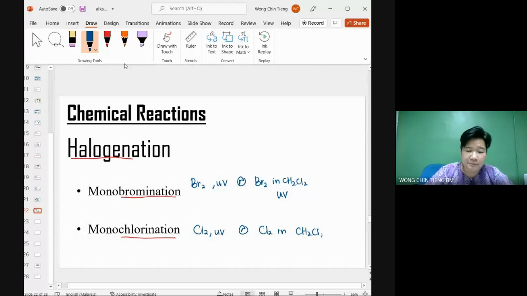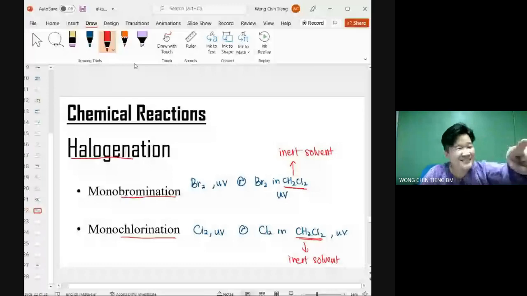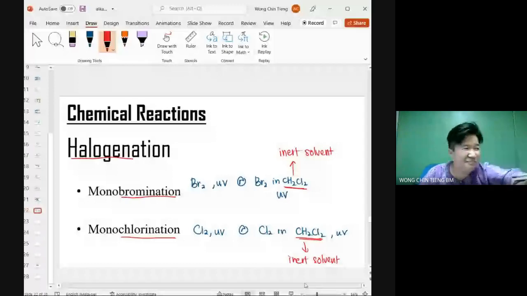Okay. Apa benda ni? Ajar siap-siap sebelum kamu tanya. Ini adalah inert solvent. Do you know what is meant by inert solvent? Do you know what is inert? You are inert right now. Stabil, diam, tak buat apa, tenteram, tak kacau orang. Okay?